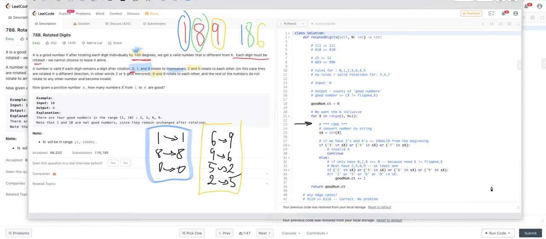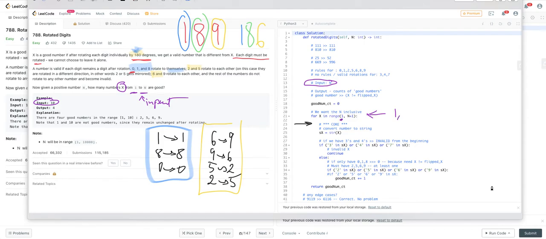Well, you're going to be given as your input this number n. Think of n, like in this case, n is 10. So what does that mean? Very first thing, we're going to look at each x between the number 1 and n, this being your input. We don't go at 0, we go at 1.